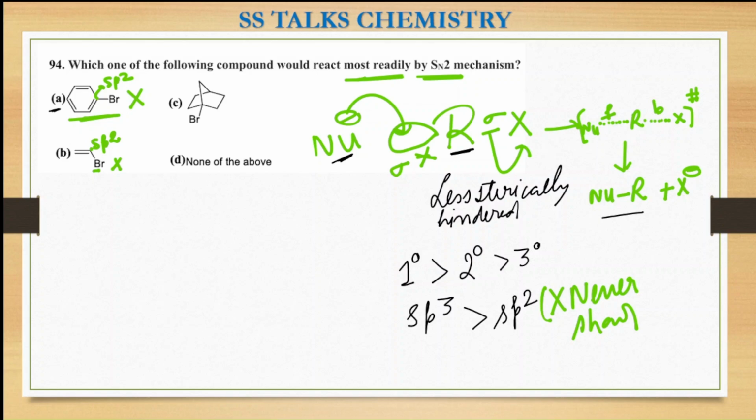In molecule C, if the Br negative is leaving, the nucleophile has to attack from the back side, and it is very sterically hindered. So again the SN2 attack will not be possible, because through the mechanism we have seen we want the site to be less hindered for the attack of the nucleophile.